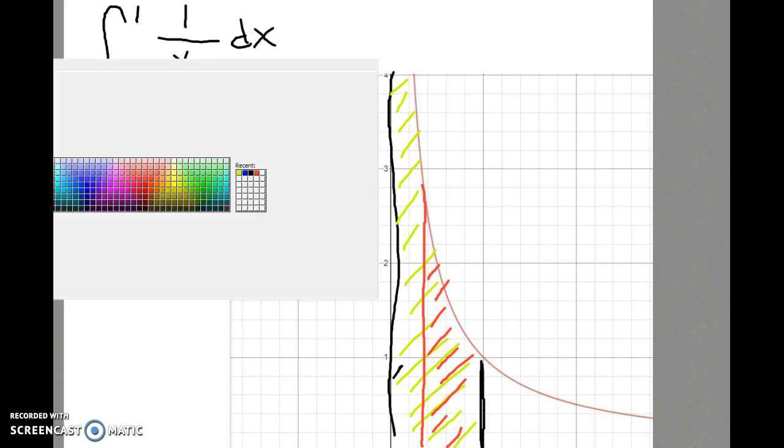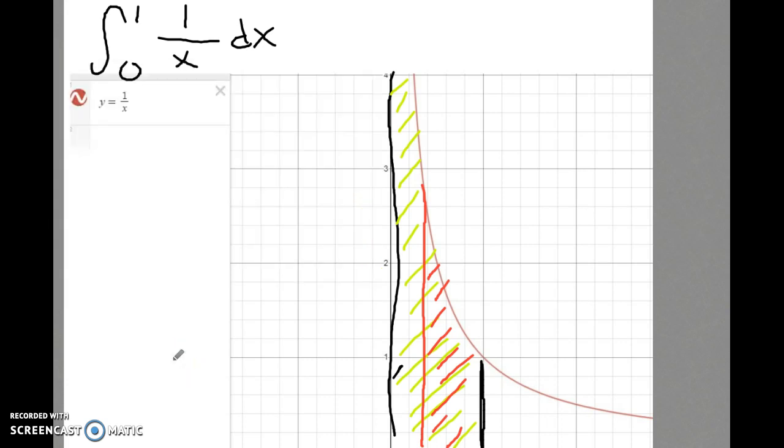The key here is that part of our interval of integration from 0 to 1 includes an infinite discontinuity in the integrand, so a vertical asymptote in the graph.